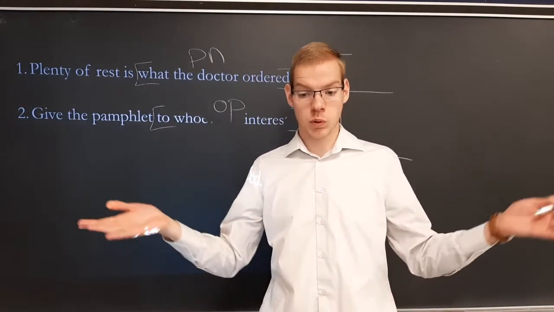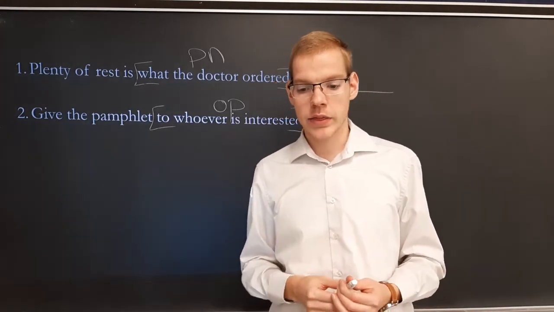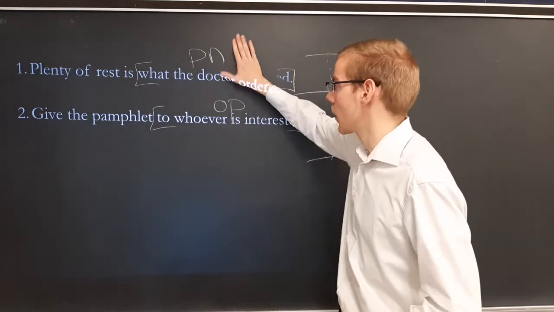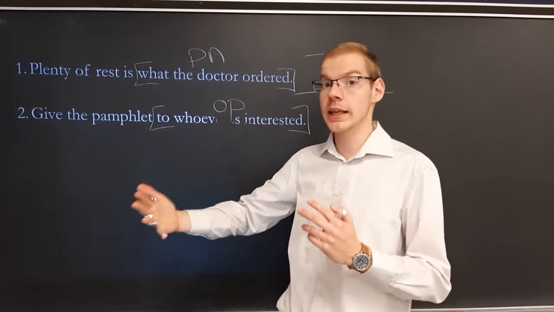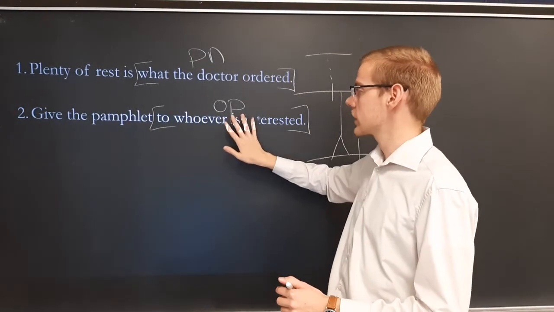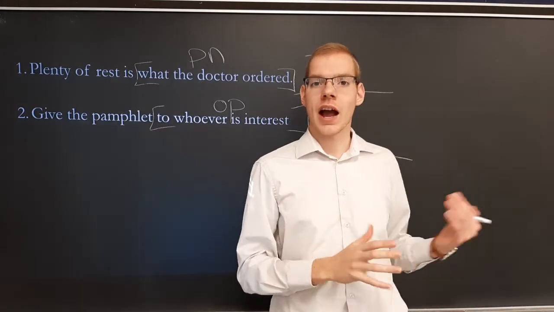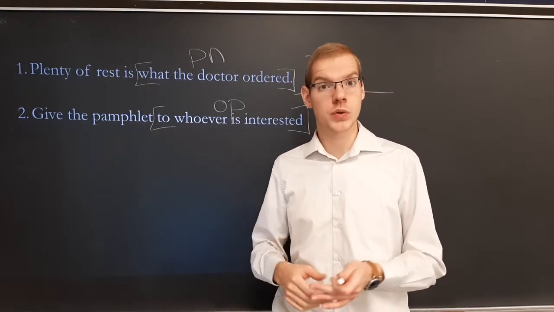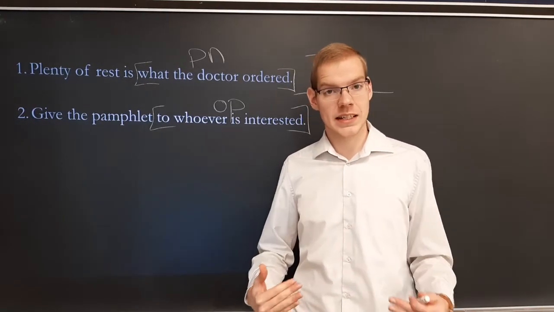Go ahead and put them in brackets. Then label: is it functioning as a predicate nominative? The predicate nominatives always come after a linking verb. Or is it functioning as an object of preposition, where there's first a preposition and then our introductory word? That's something that you need to do in numbers 1 to 6.